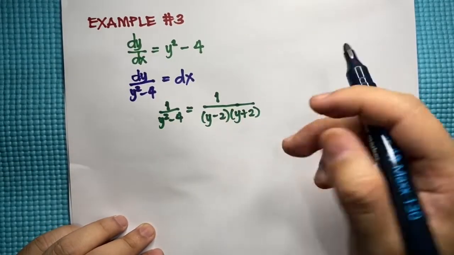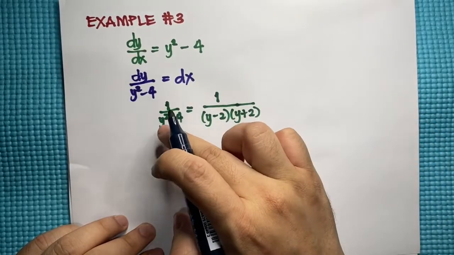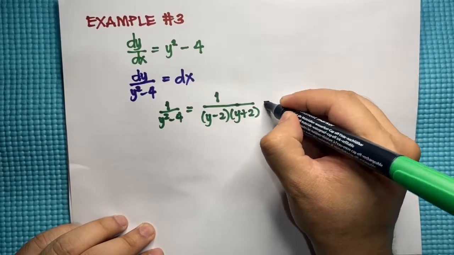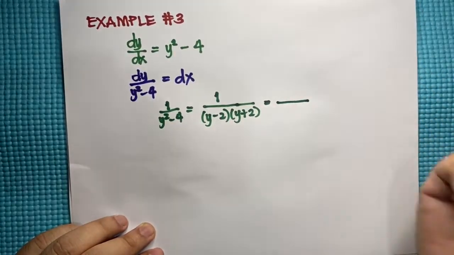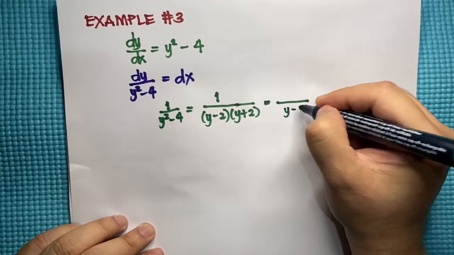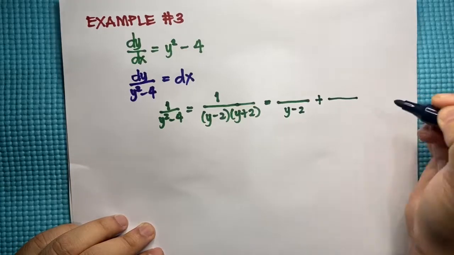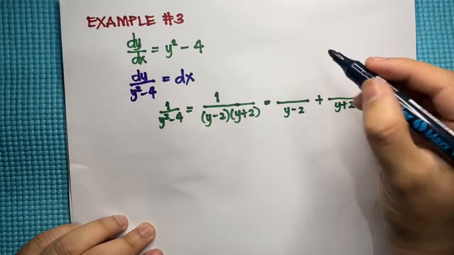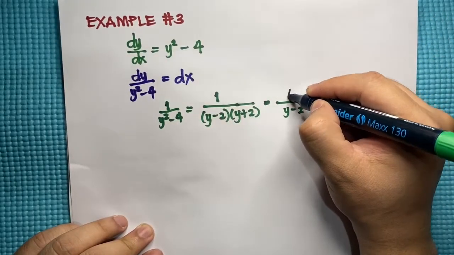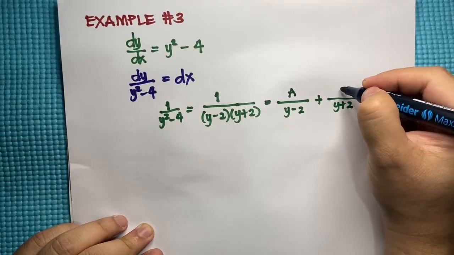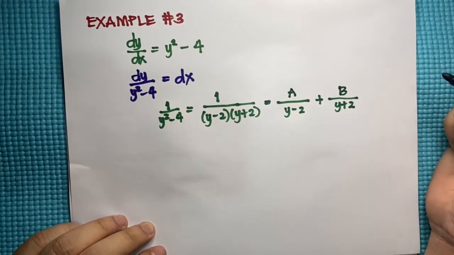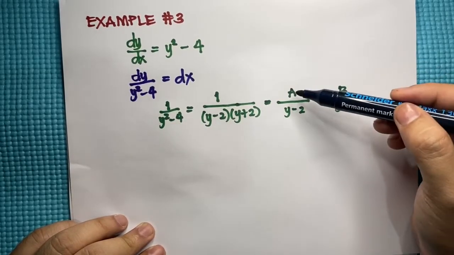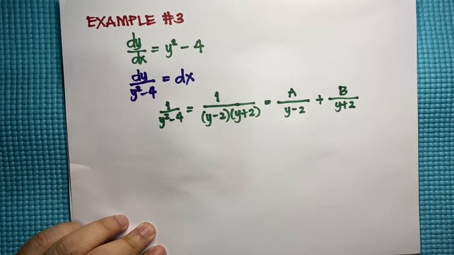Using the partial fraction decomposition, one factor is y minus 2, and we're going to add y plus 2. Since the denominators are linear and non-repeating, I could write variable a for the numerator of one and the other to be equal to b. Our objective now is to determine the value of a and the value of b.